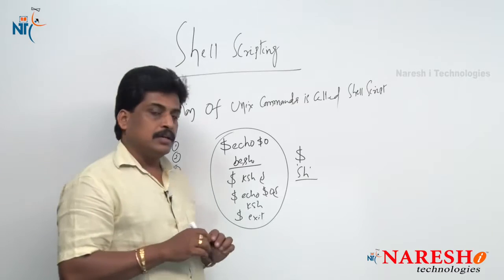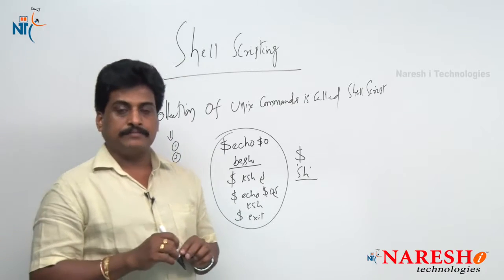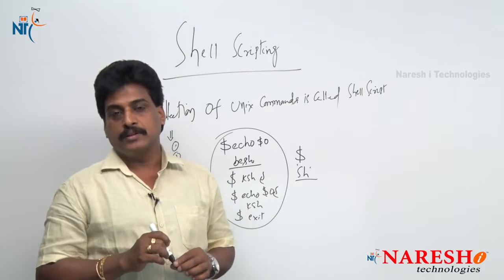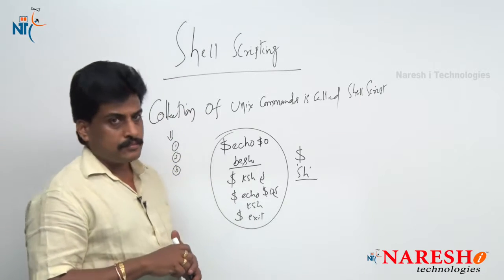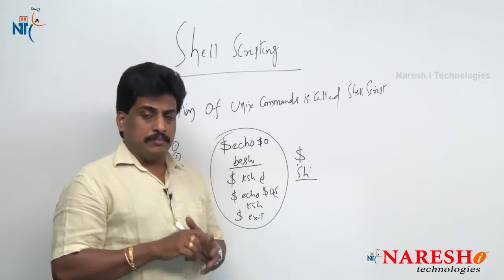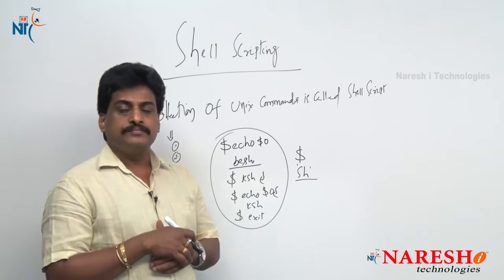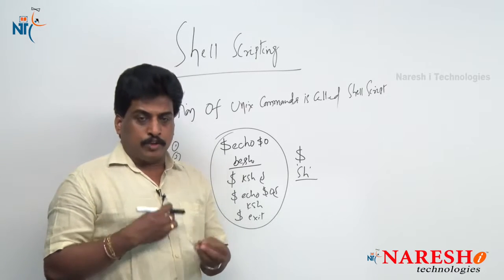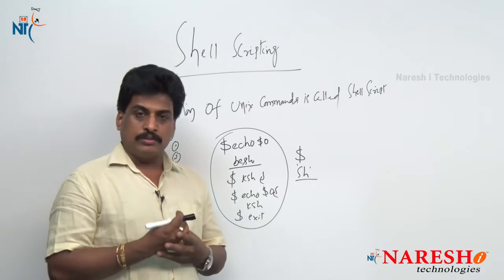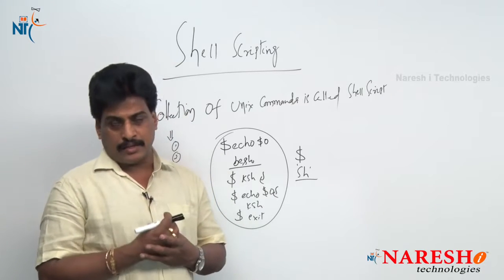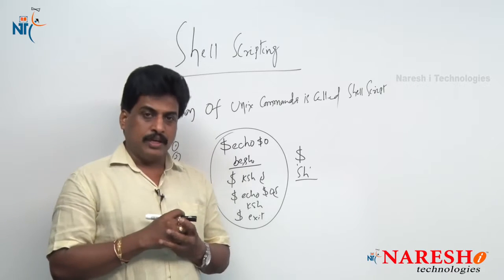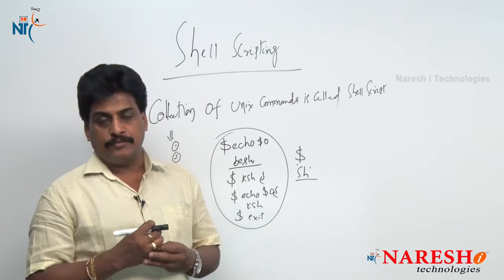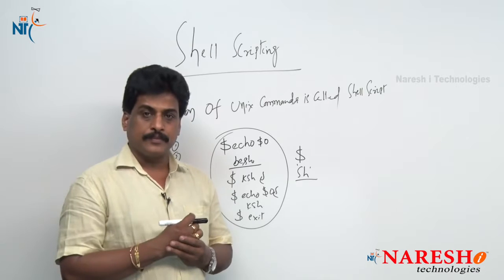Before observing, what are the features of shell scripting? There are several features available. Feature number 1, execute lump sum commands at a time. Second feature, whatever duty we need to perform every day, one shutdown, one log off, one restart, one creation, one deletion, we can automate with the help of programming, meaning scripting.